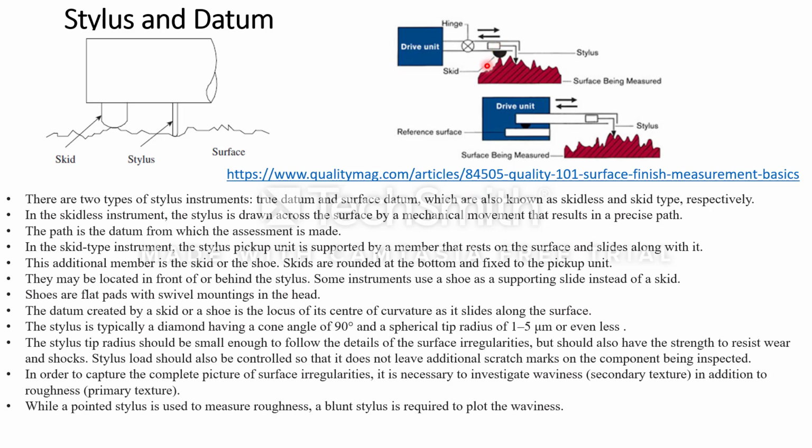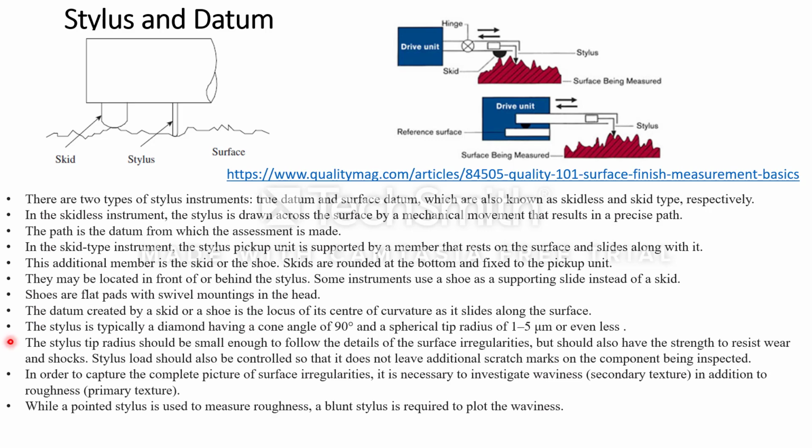For example, if my skid follows the curvature of this curve, then the path of the center point of the skid, connecting all the contours, is the locus. The datum created by the skid or shoe is the locus of its center of curvature as it slides along the surface.